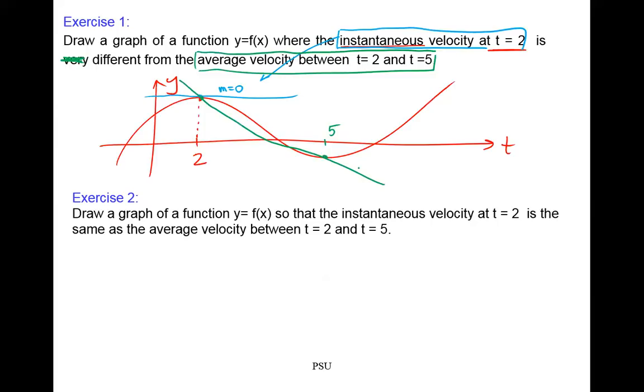Do you think you can approximate that slope, assuming that this is a straight line? Roughly, is it positive or negative? No, it's definitely negative, like maybe negative half, negative 1, doesn't matter. I just want to show that it's different.